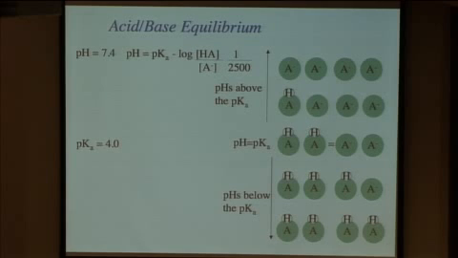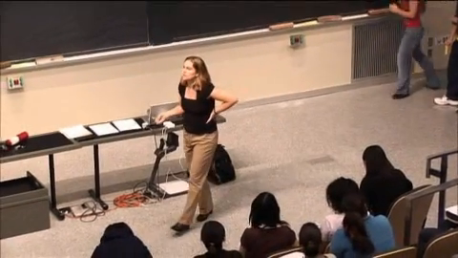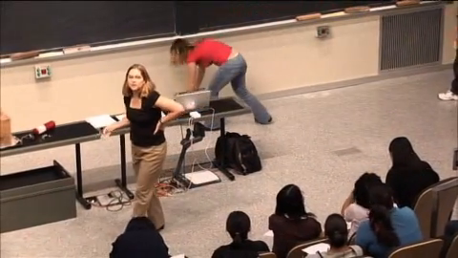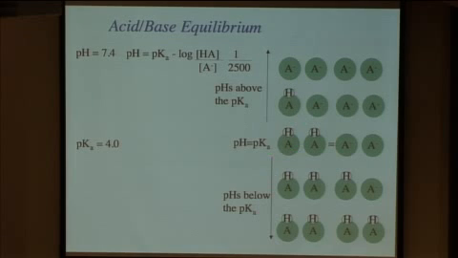If you gave someone a sample of molecules where the pH was equal to the pKa of the molecule, you'd be giving them a sample where there would be equal amounts of protonated and deprotonated. But instead, if you gave a sample where the pH is much above the pKa, then you are going to be giving them a sample that's mostly deprotonated.